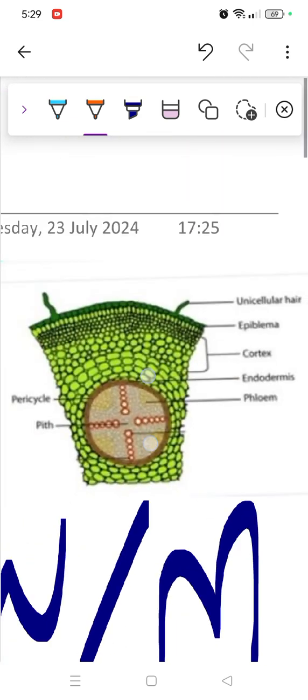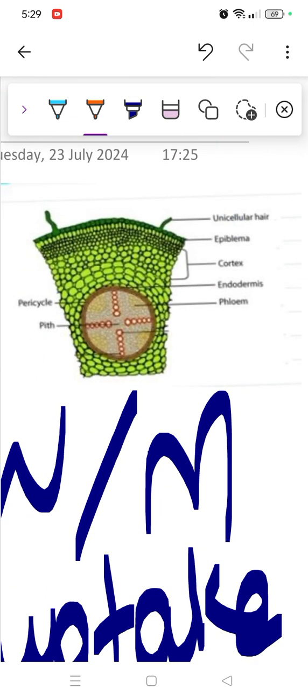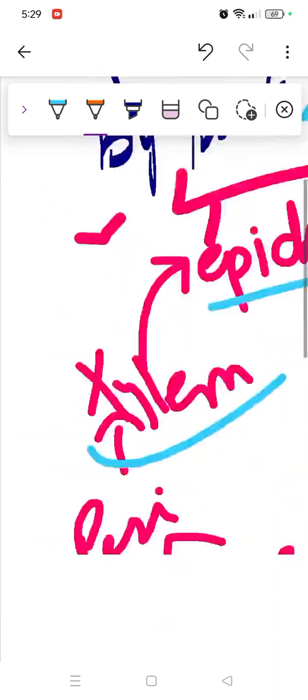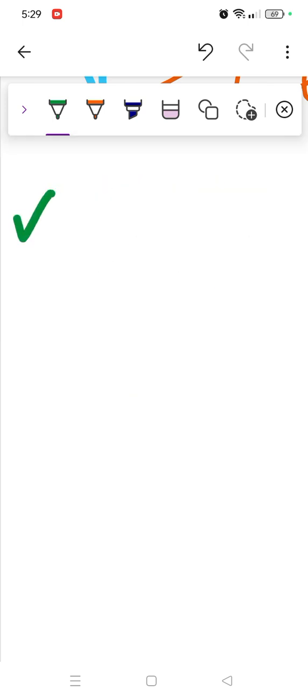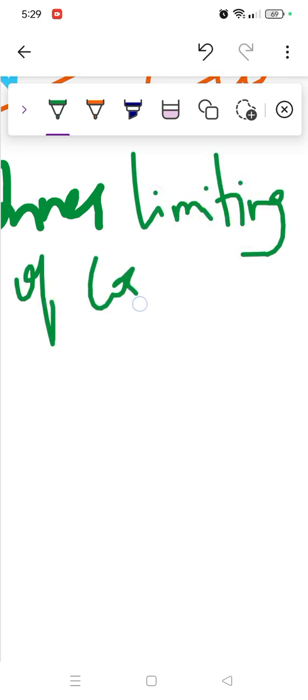So basically we are supposed to discuss this diagram today. If you see this diagram, here is the pericycle and the complete structure. Let me write here. The first thing you'll see is the inner limiting layer of the cortex. The inner limiting layer of the cortex is the endodermis.